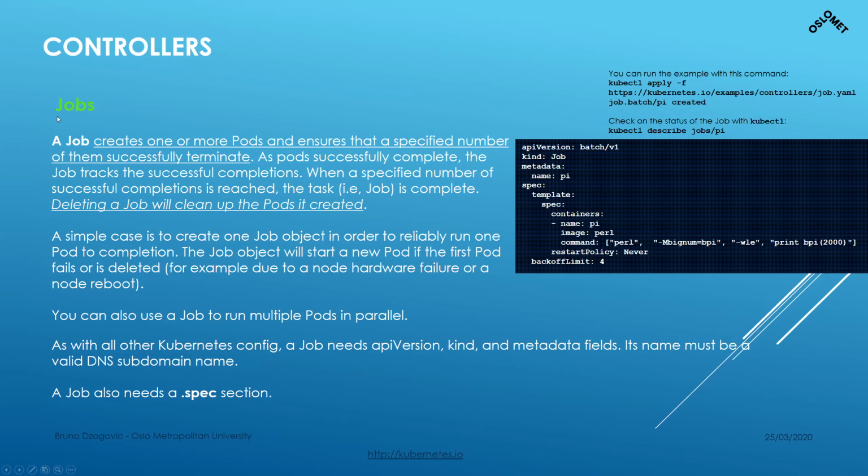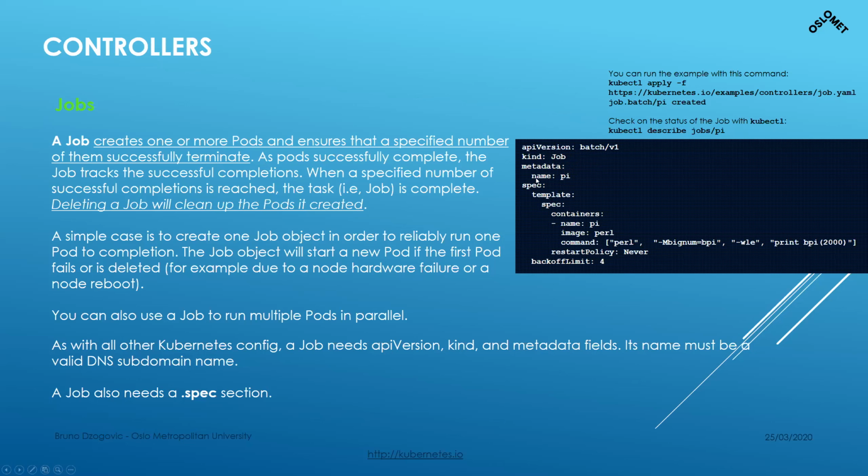So it's more or less like the hitman in Kubernetes. It knows that deleting a job will clean up the pods it created. It's the one who tracks things and makes sure they are executed in a proper manner, as well as deleted and done. So the jobs need an API version as well. The configuration is similar to the other things.